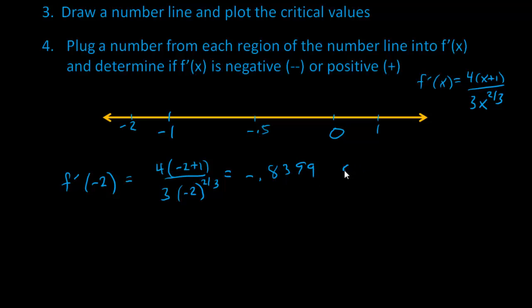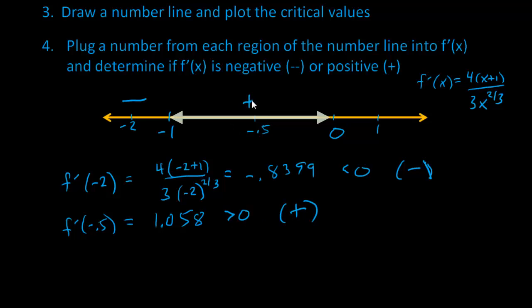And you plug that in, you get -0.8399. Now that is negative. So on the number line in this region, I'm going to put a negative. Now let's try f prime of -0.5. If we plug that into the calculator, which I'm doing off screen, I get 1.058, which is positive, and so we have a positive in this region.